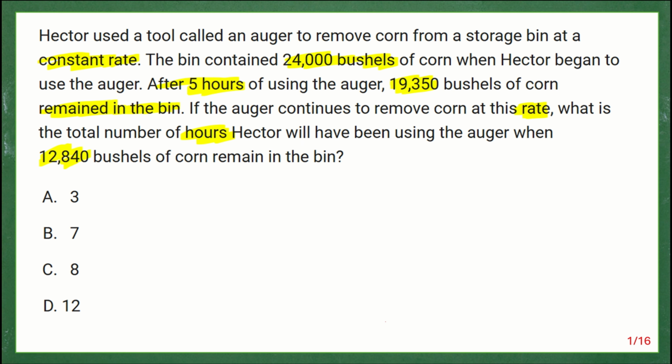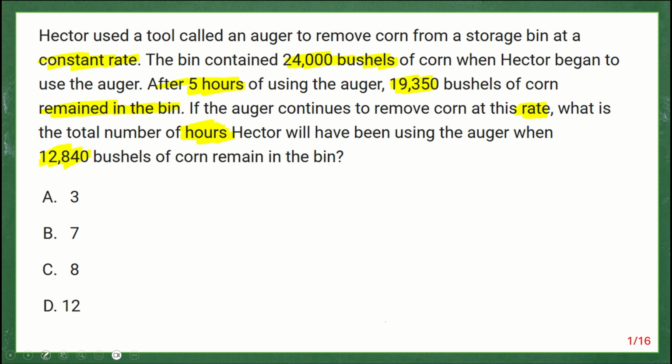So in this problem we are basically looking for the number of hours that the tool has been utilized, so that after using that tool for that many hours we are just left with 12,840 bushels here. Now to solve this problem, let us first figure out that rate they are talking about, the constant rate here.